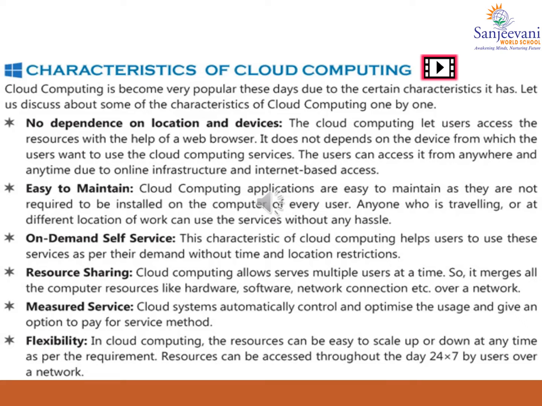Cloud systems automatically control and optimize the usage and give an option to pay for service method. Flexibility is the last. In cloud computing, the resources can be easily scaled up or down at any time as per the requirements. Resources can be accessed throughout the day, 24/7, by users over a network.